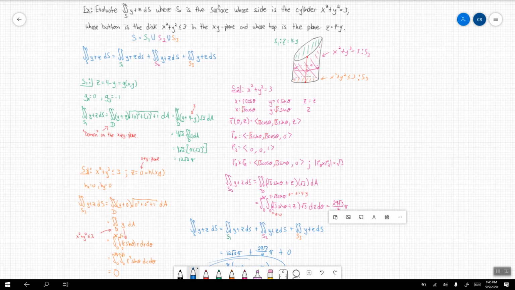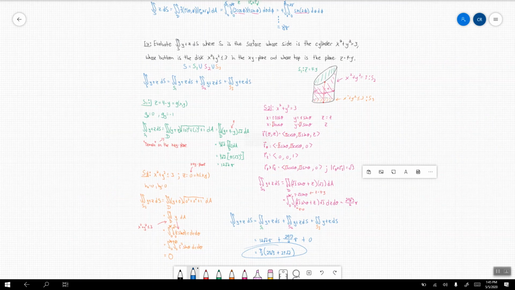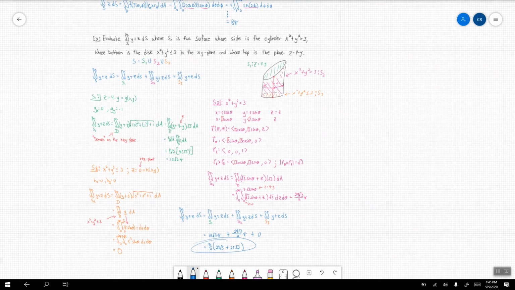Let me zoom out just a little bit more. There we go. As you can see here, a lot of work must go into this, and we always have to identify how many surfaces the initial surface is comprised of.